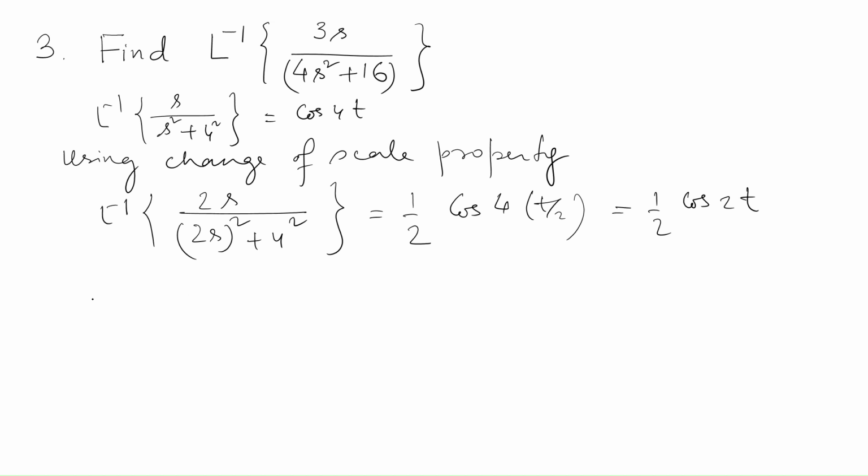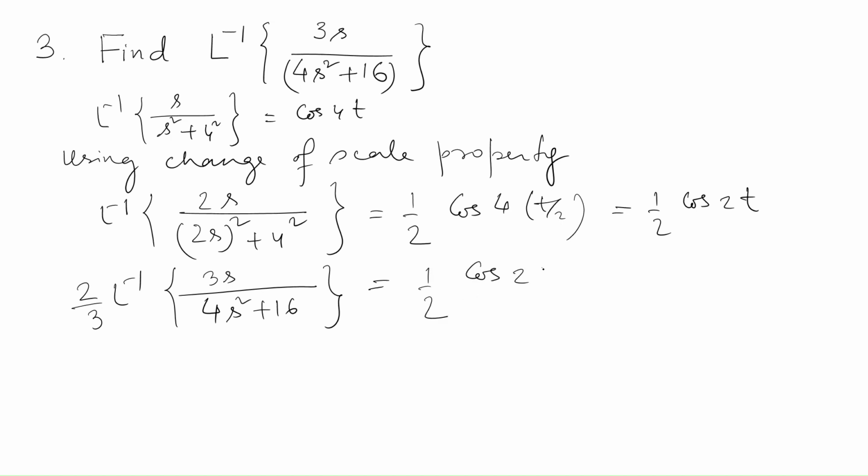Now if we take 2/3 of the inverse Laplace transform of 3s by 4s square plus 16, then we will have half cos twice t. Because we are taking 3 here to make it like the question given, 1/3 and 3 will be cancelled, and the 2 will go inside.